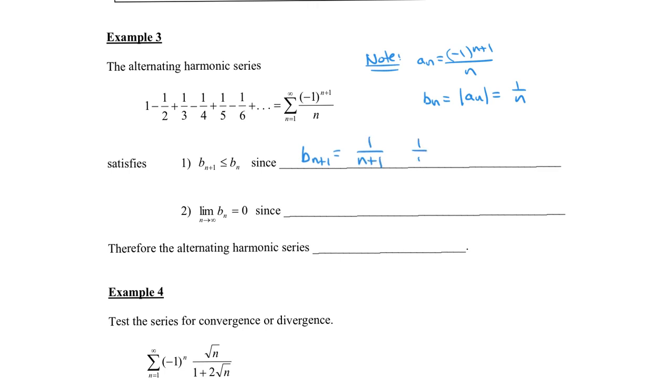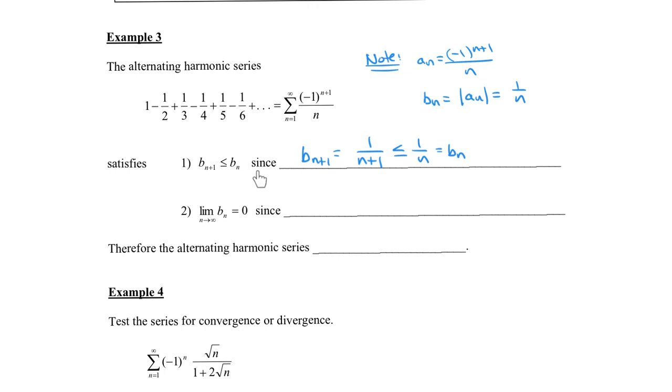And I'm going to write over here what b sub n is. And when you look at this, you can see between these two, they both have a numerator of 1. This is b sub n right here. This is b sub n plus 1. Since this denominator is bigger, it means that this term is smaller than this term. Right? So we can say less than or equal to, and it'll be true for any n.